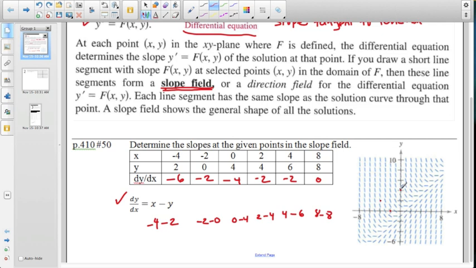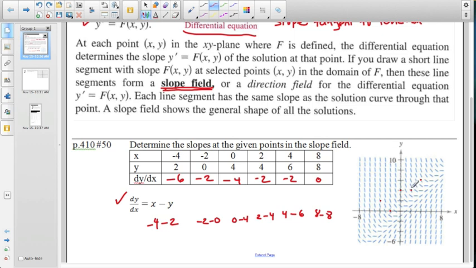The slope of this short blue line is -4. At (2, 4), right there, the slope of this short blue line is -2. At (4, 6), so up 6, the slope of that short blue line is also -2.